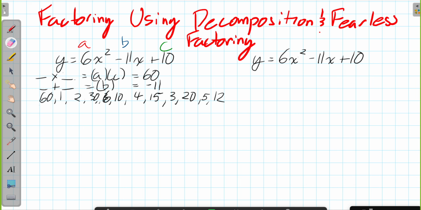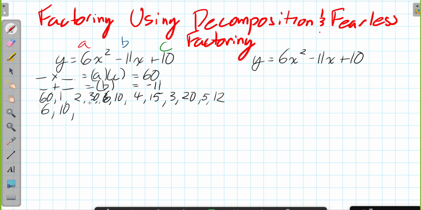This is one of the downfalls of decomposition: if you've got a number with so many factors, there can be a lot to walk through. 5, 6 and 10, 7, 8, 9, and back to 10.